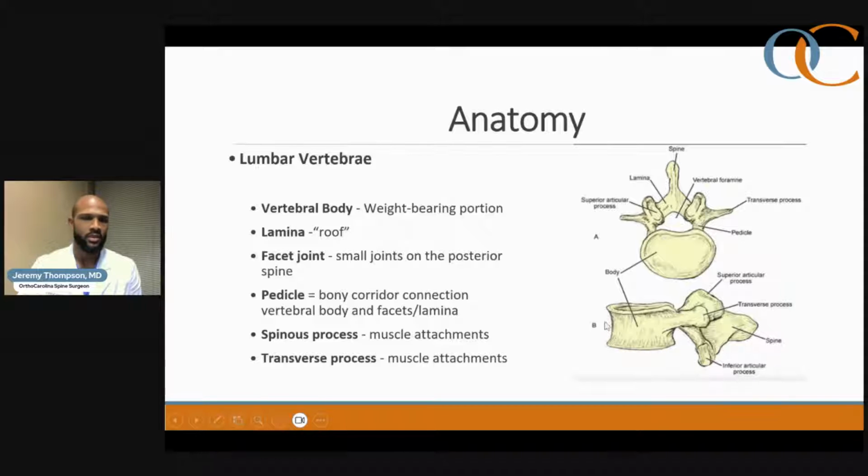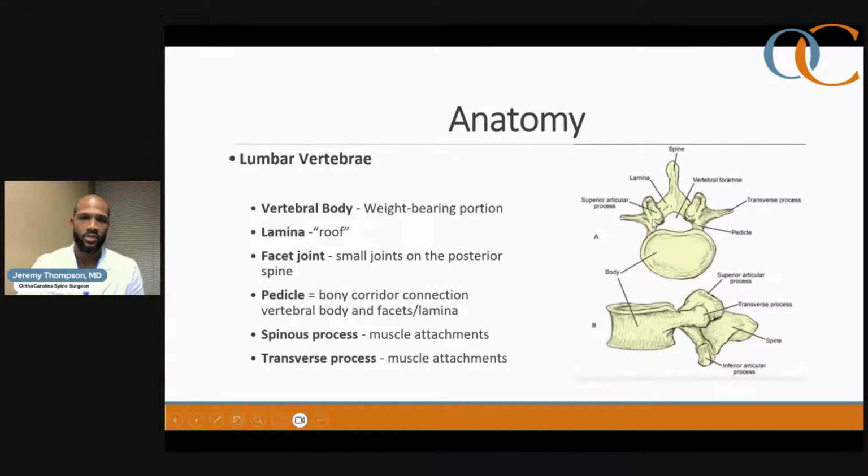It's this block piece of the bone here, and that is the weight-bearing portion of the bone. Then on the back side of the bone here is the lamina. If you look at it like it's a house, this is the roof of the house, and this here is the spinal canal. You also have a pair of little joints in the back of the spine called facet joints. These allow some motion of the spine and also contribute to some stability.